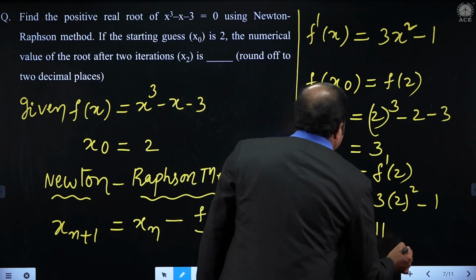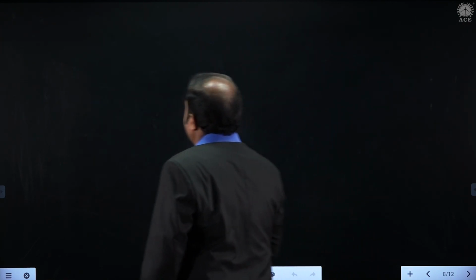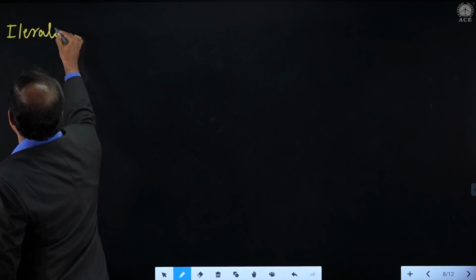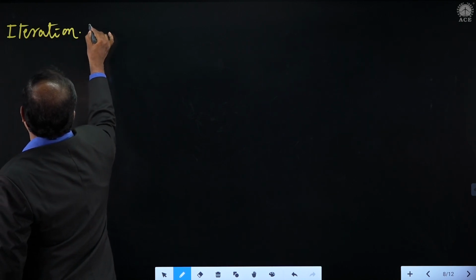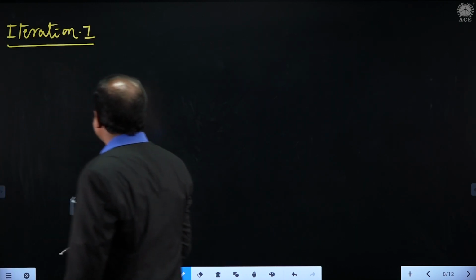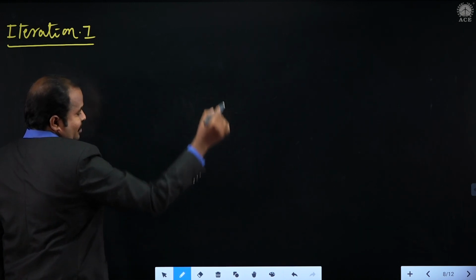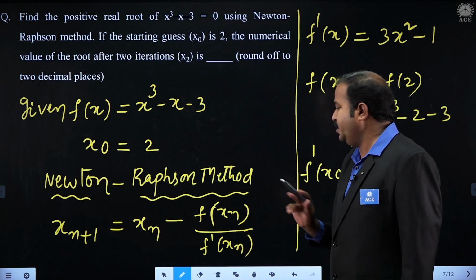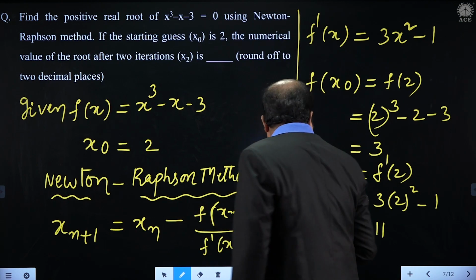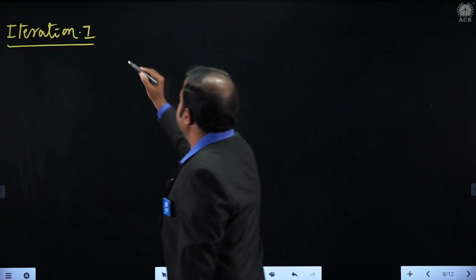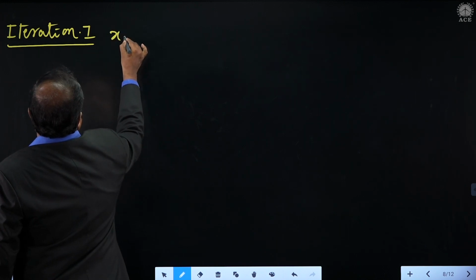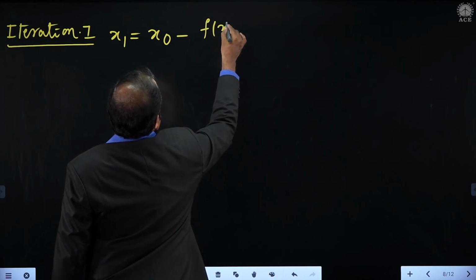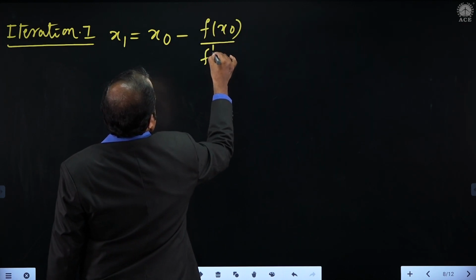Look at, so first iteration. Iteration 1. What is iteration 1? The general formula is x(n+1) equal xn minus f of xn by f dash of xn. So first iteration is x1 equal to x naught minus f of x naught by f dash of x naught.